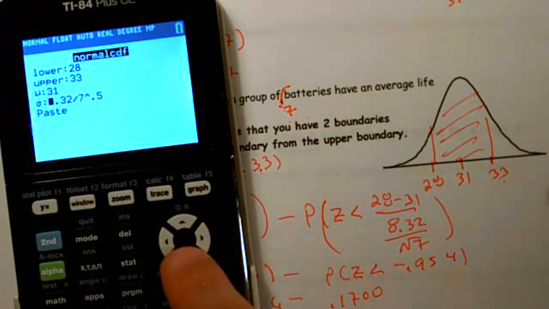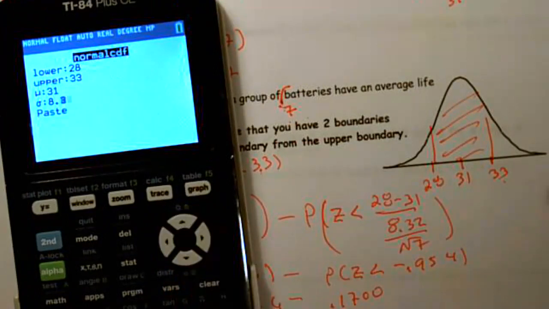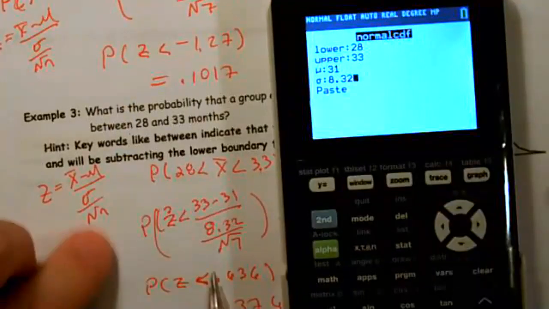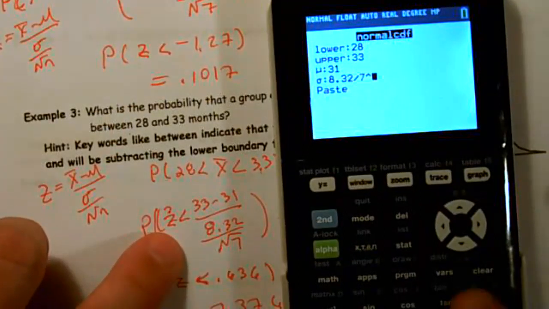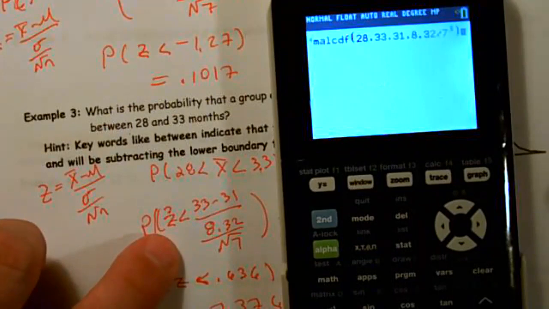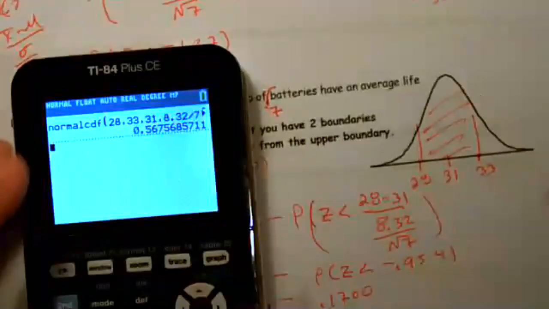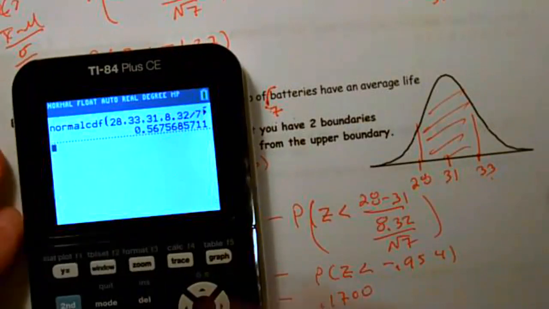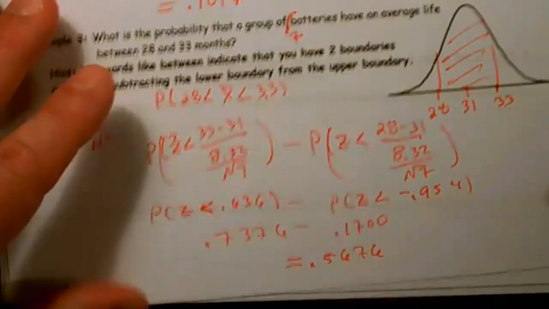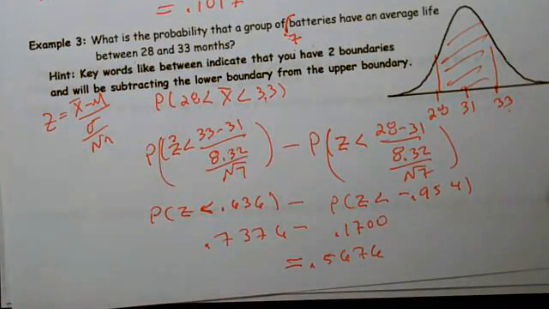My mean is 31. 8.32 is a standard deviation, but it's 8.32 divided by the square root of 7. And we still get 0.5676. So that's two separate ways in which that problem could be approached, if you prefer the z-test or the normal CDF. Either way is possible.